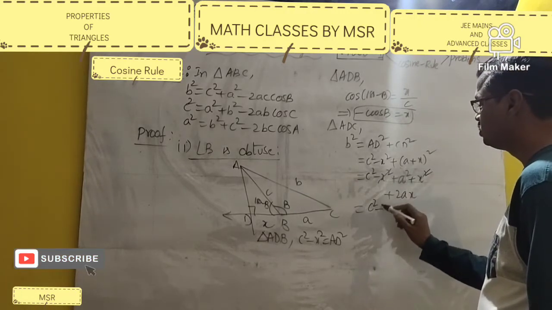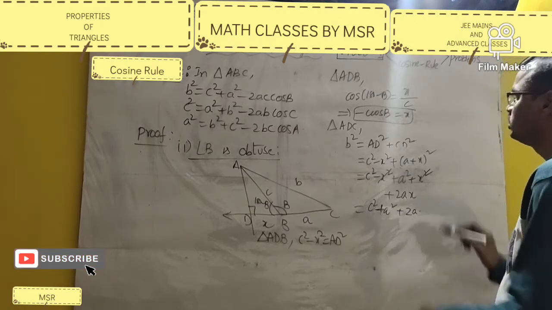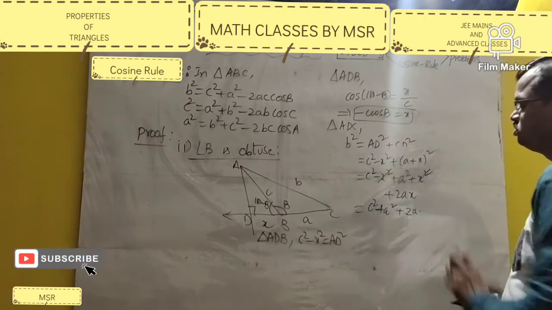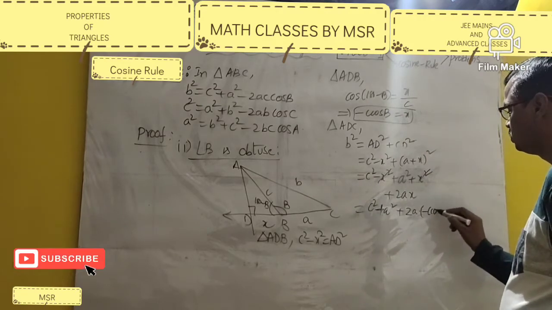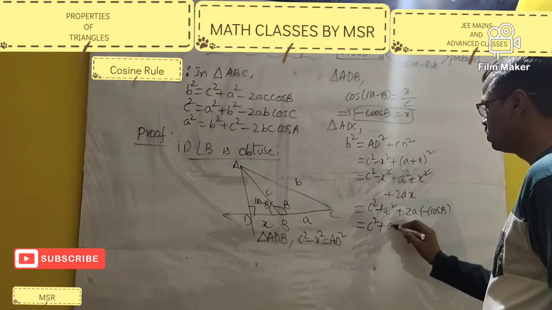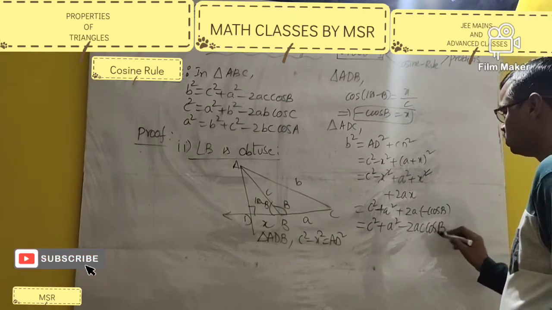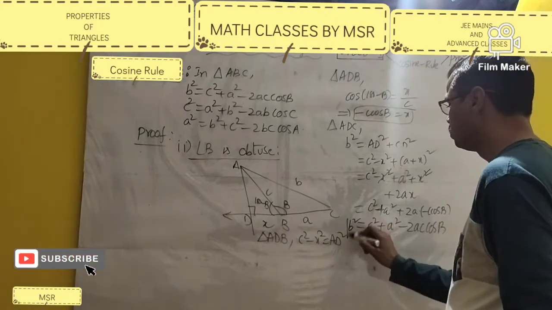So C square plus A square plus 2A into what is the X value you got? Minus C cos B. Into minus C cos B, it becomes C square plus A square minus 2AC cos B. This is nothing but B square.